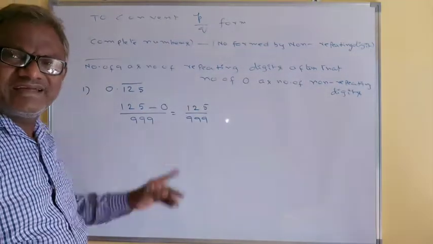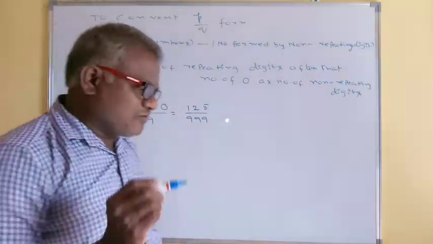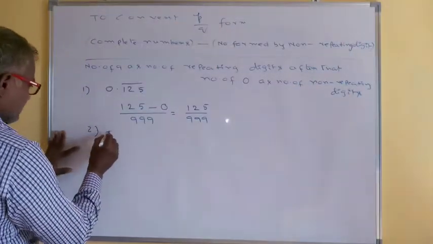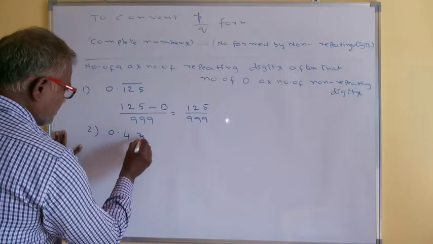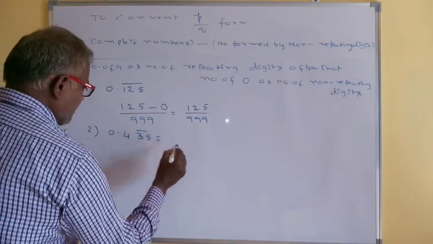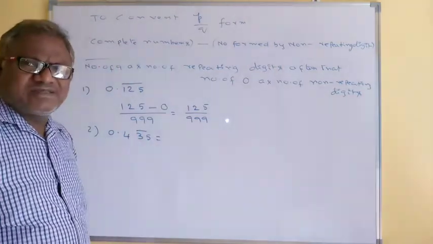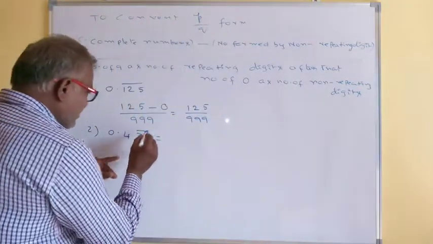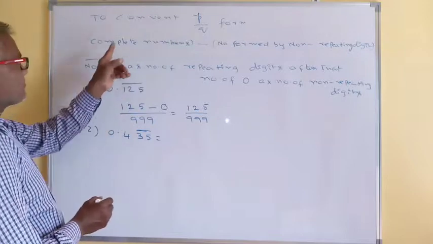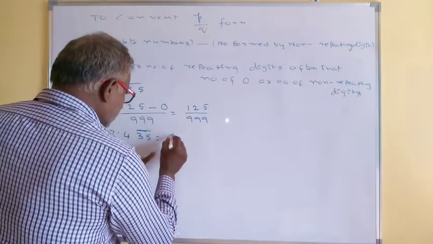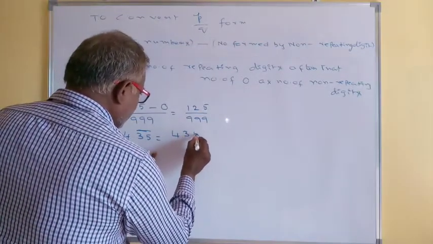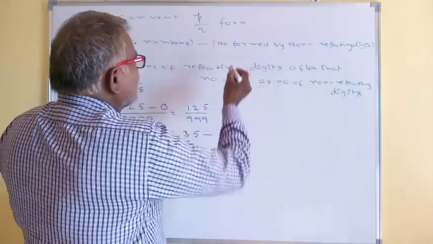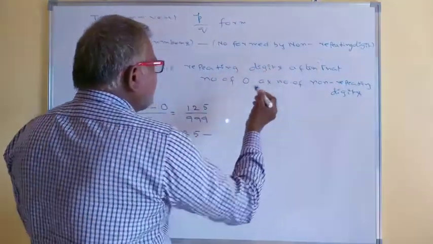And one more problem. Suppose 0.435 bar. You see, first you must write the complete number. This is the complete number, 435, minus the number formed by the non-repeating digits.